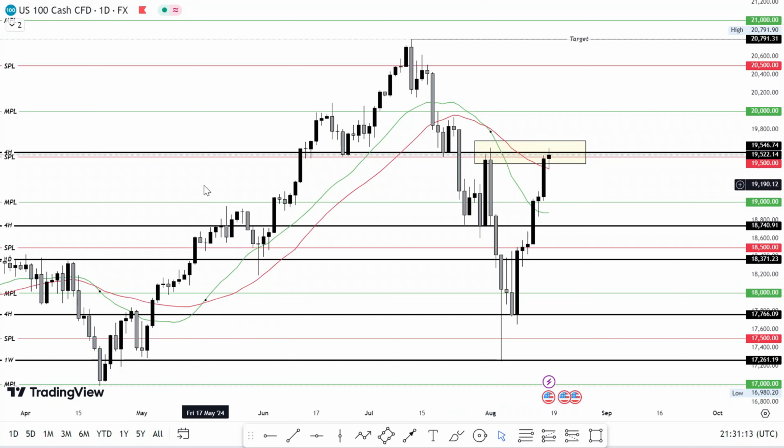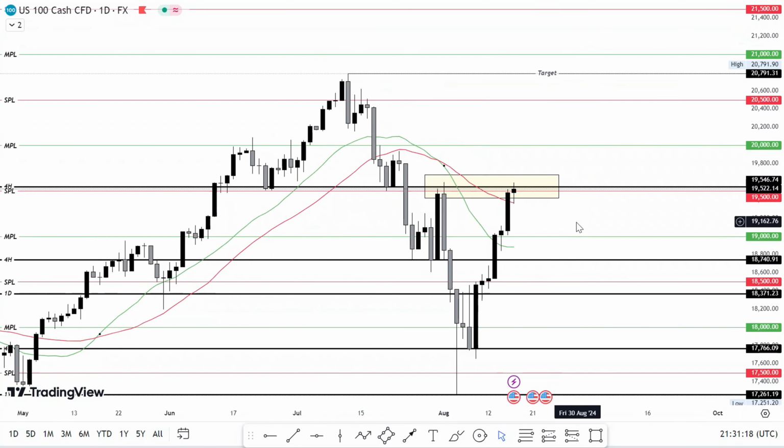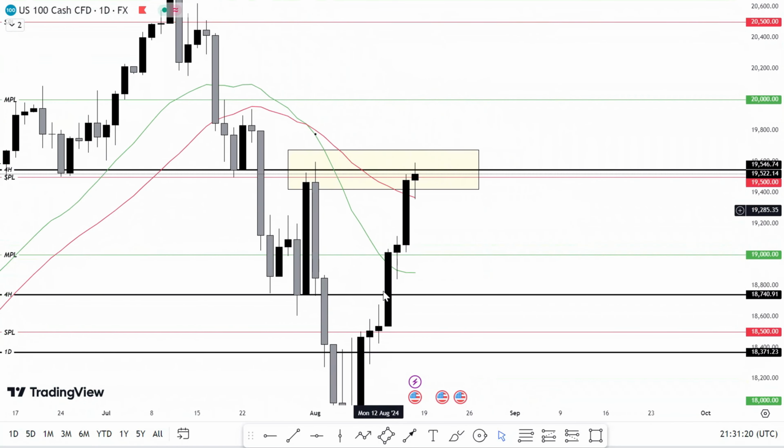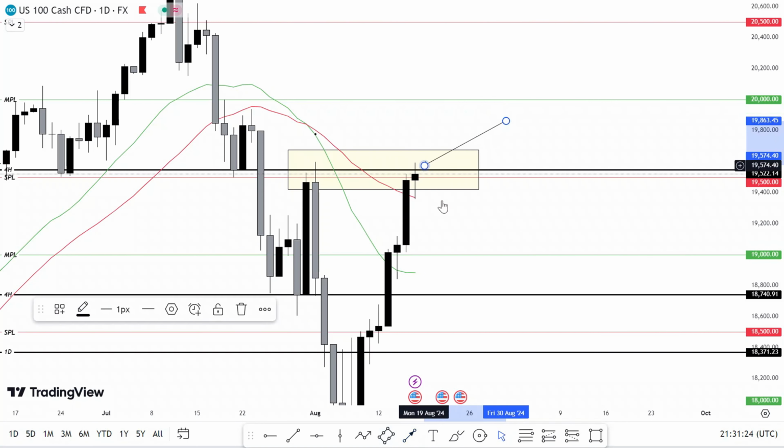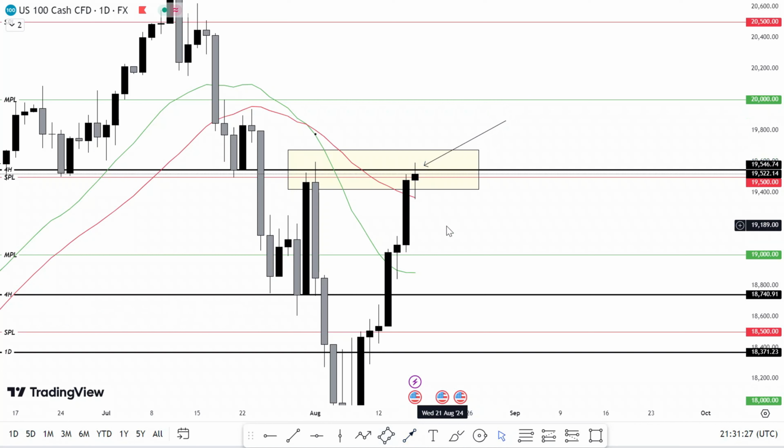NAS 100 is at a 4-hour resistance level. On this 4-hour resistance level, you can see that price is creating a weak rejection. As soon as it gets to this level, it started creating a weak rejection, which means the market is actually respecting this 4-hour resistance level.